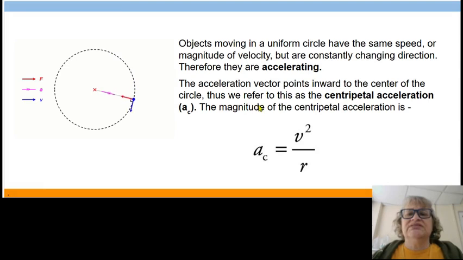Therefore, we refer to this as the centripetal acceleration. Centripetal, not centrifugal. Centrifugal does not exist. The magnitude of the centripetal acceleration is equal to the linear velocity squared, divided by the radius of the circle.